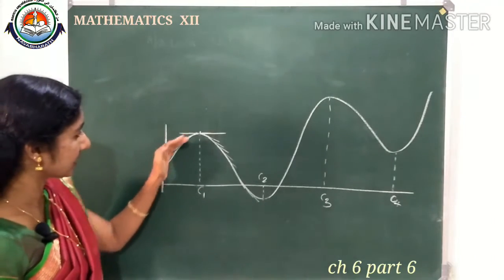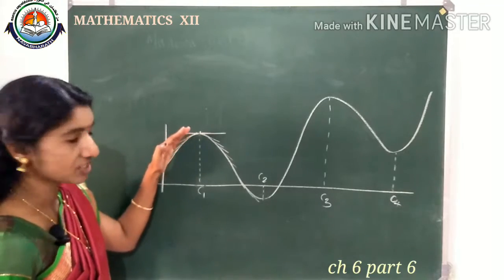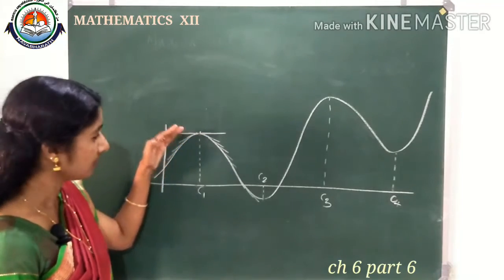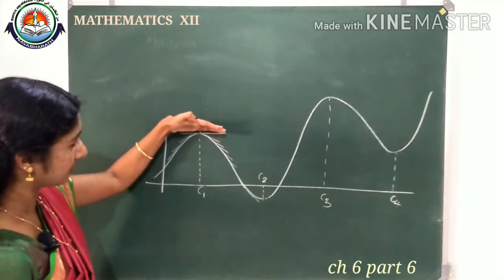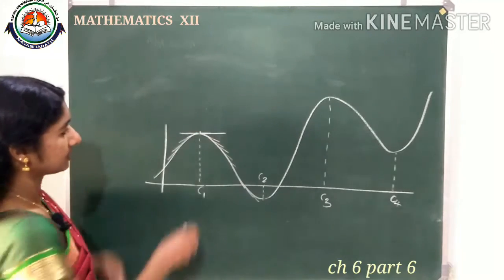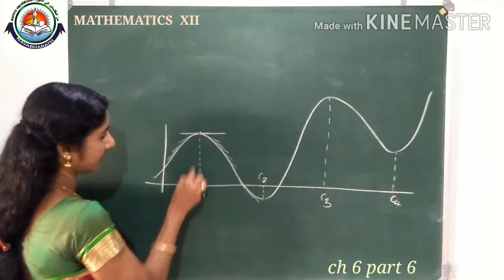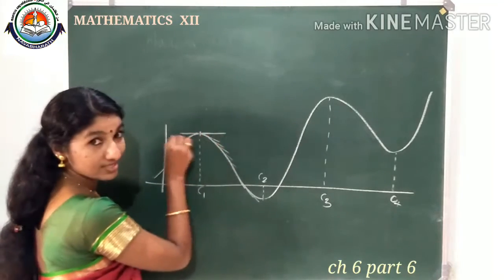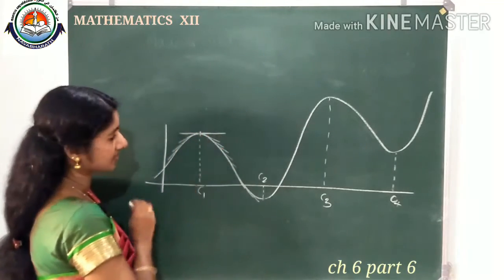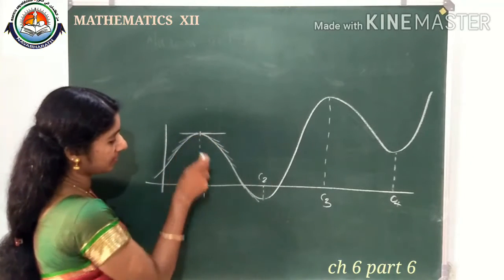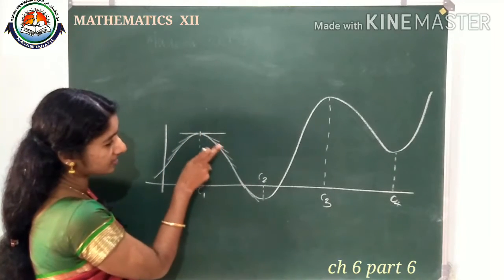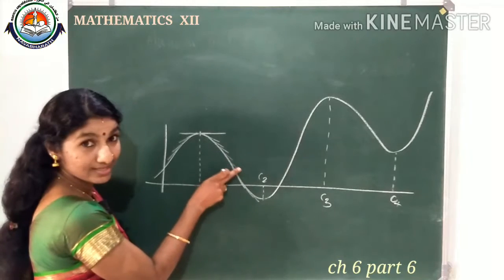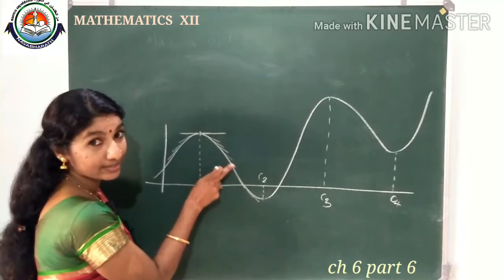So when it is increasing, the slopes of the tangent are positive, and at C1 we are getting the slope of the tangent equal to 0, since this tangent is parallel to the x-axis. And after that C1, from the next point onwards the tangent is coming like this, so its slope is negative.